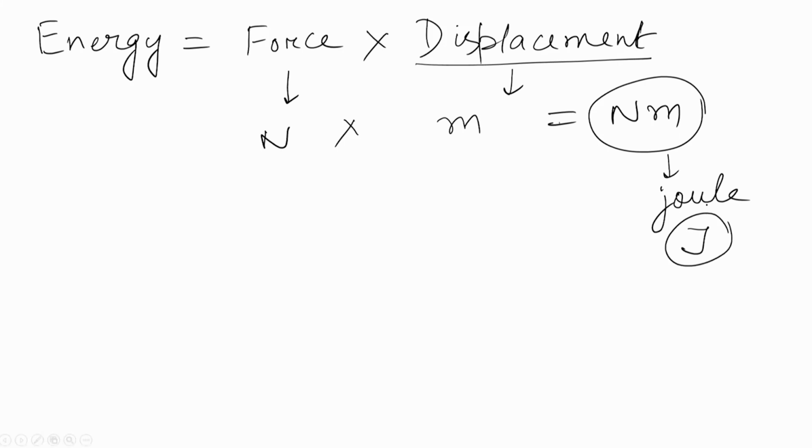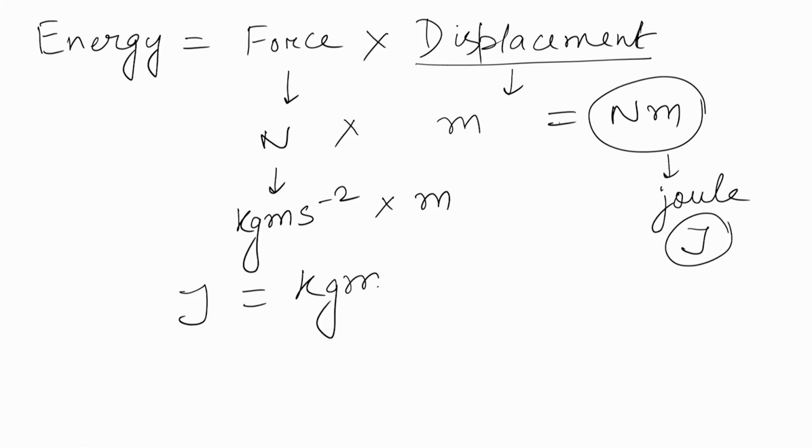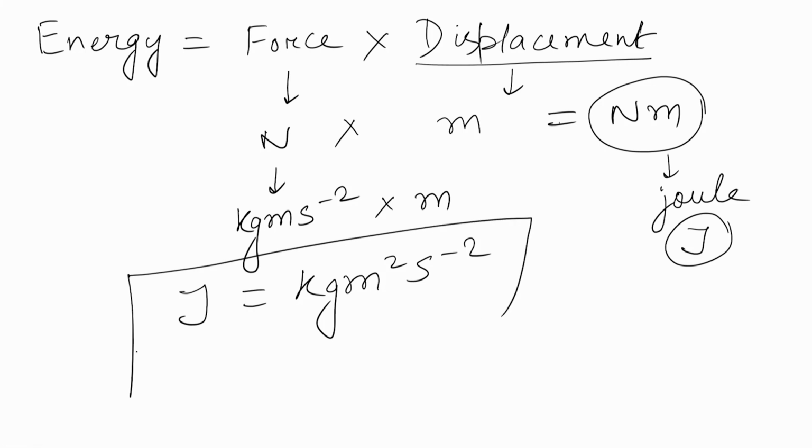If we break up Newton again, Newton is equal to kg meter second to the power minus 2 into meter. So we get 1 joule is equal to kg meter square second to the power minus 2.